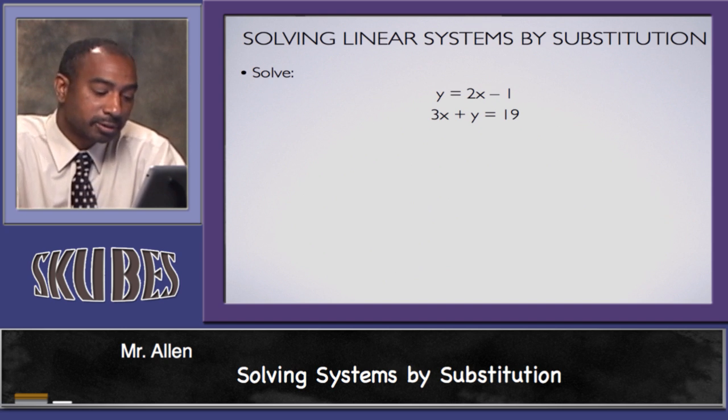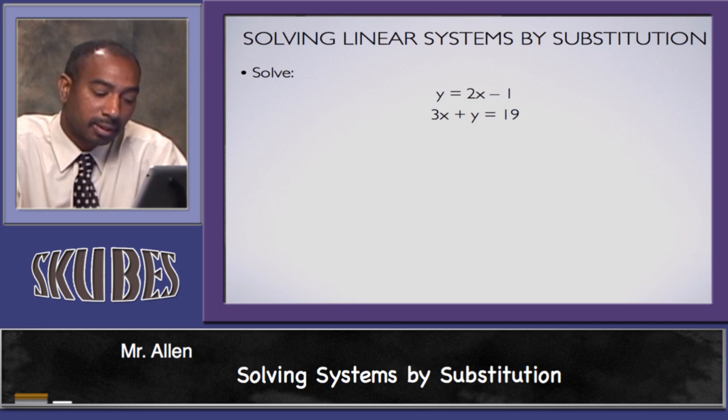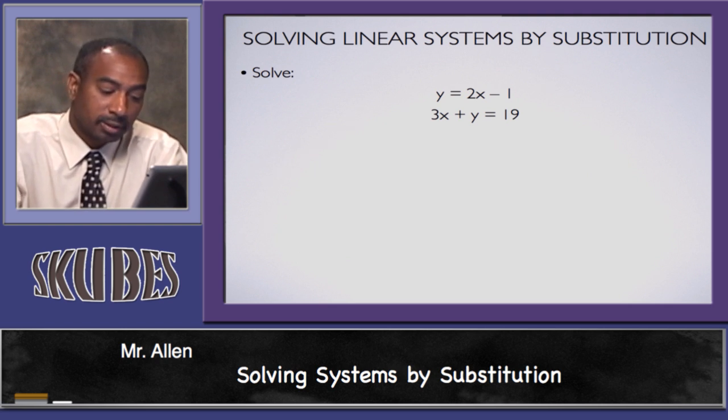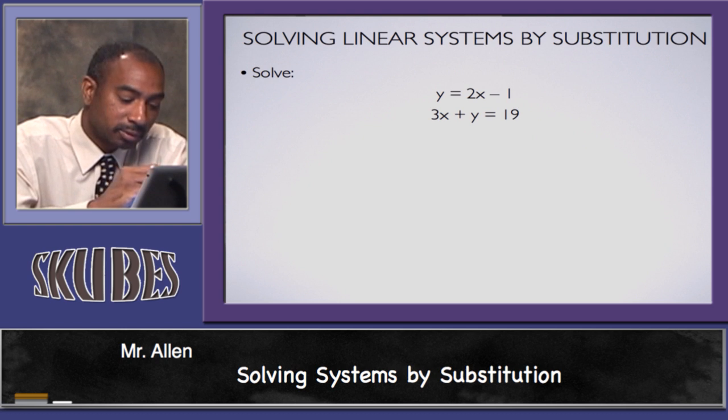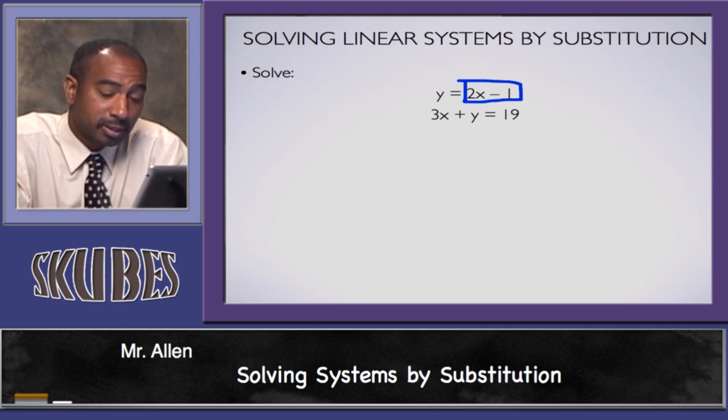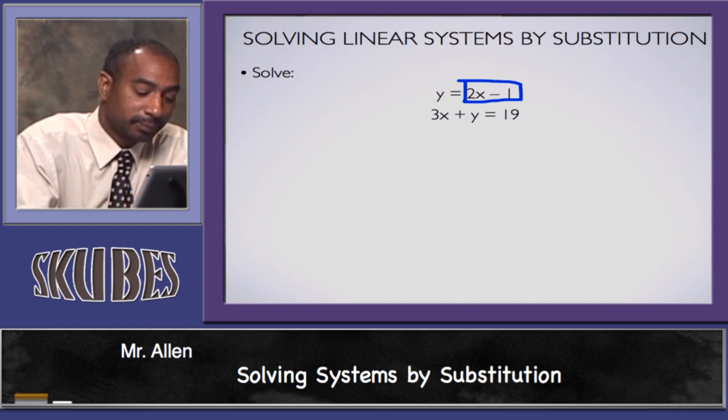Alright, solve y equals 2x minus 1 and 3x plus y equals 19. Again, you have y by itself in the top equation, equal to 2x minus 1. So we substitute that expression into the bottom equation for y.